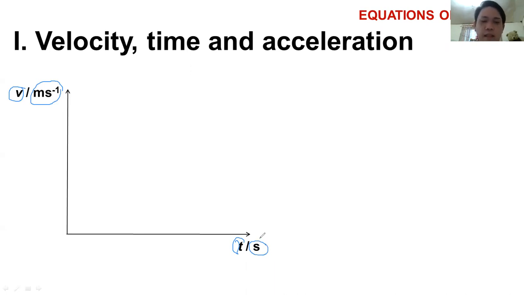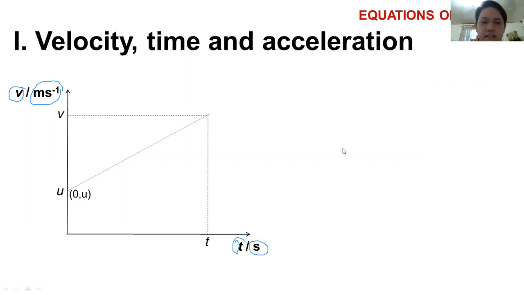So now, let's try to observe the equation for a while. We have here the U that will serve as your initial velocity. The graph is a straight line, and you have the vertical and horizontal lines.